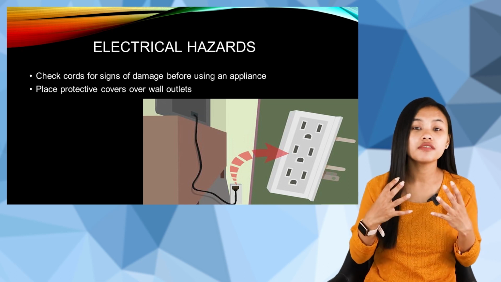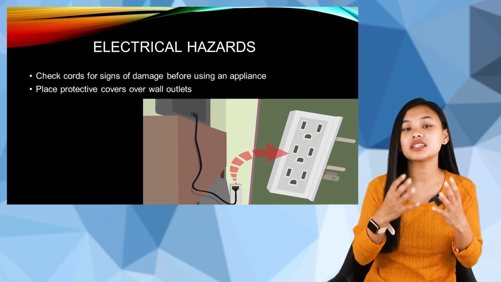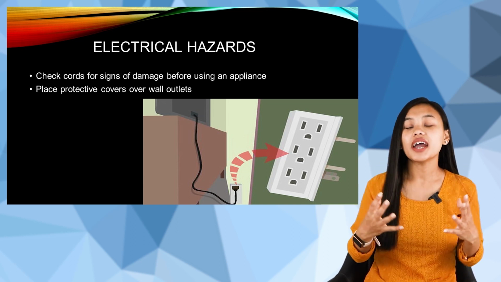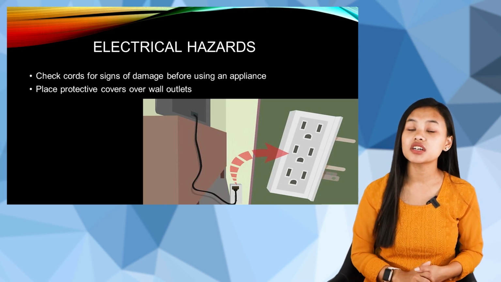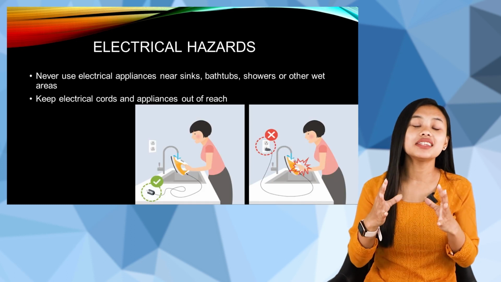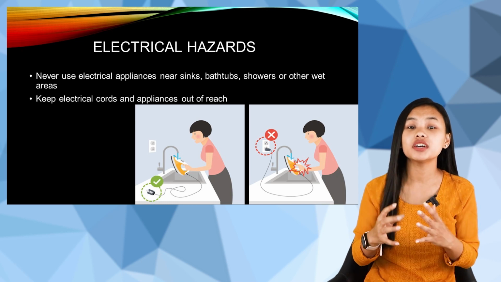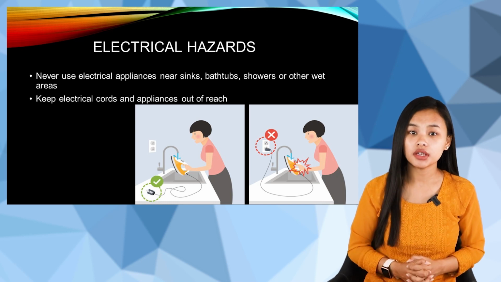So here it is very important that before we plug in these appliances, we should first make sure if there are signs of damage in these cords. We should also place a protective cover over the wall outlets. And these electrical appliances should never be used near the sink, bathtub, shower, or any other wet areas.